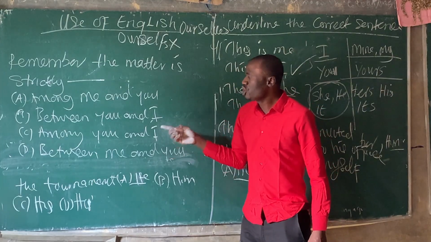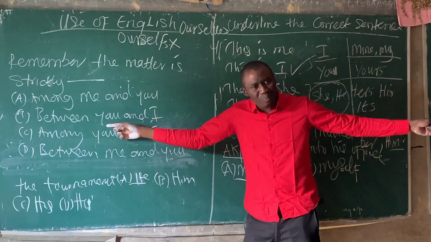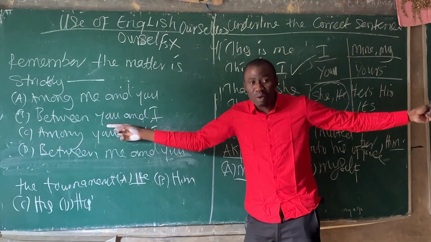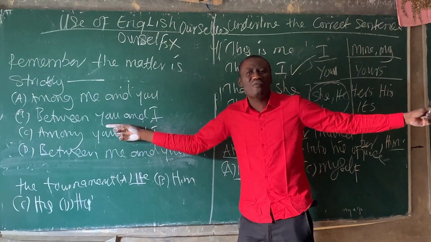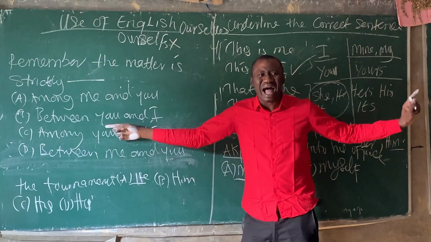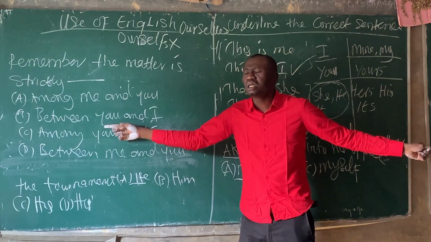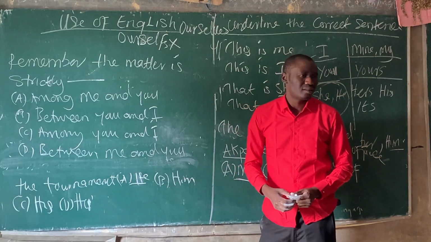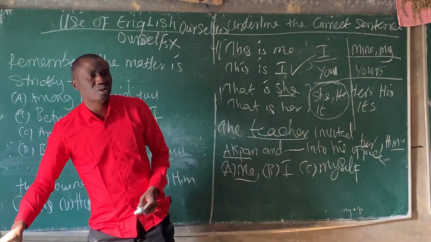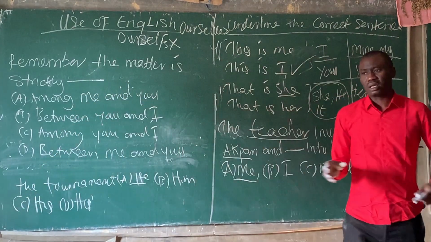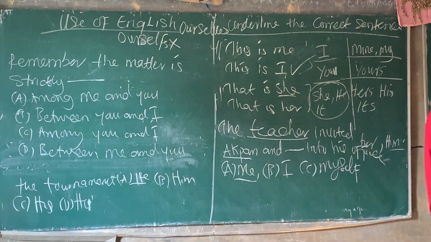For the subject, you is for the second person singular, and any of the you can be chosen. But of I or me, me is object, I is subject. So I is the correct answer. The matter is split between you and I. Very easy. That's English language. You need to understand the rules here. And if I'm coming to class for the first time, it will be a little bit dicey.